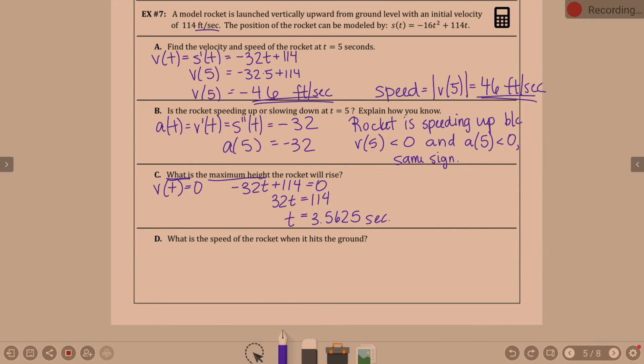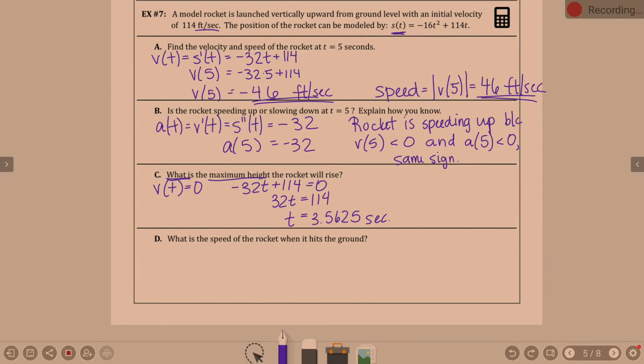So now what do we do? Plug it in where? The position function, right? Because when you plug that time into your position function, it is going to give you the position at that time. If we plug back into velocity, we're just going to get 0. Okay, so we're plugging into the position function.